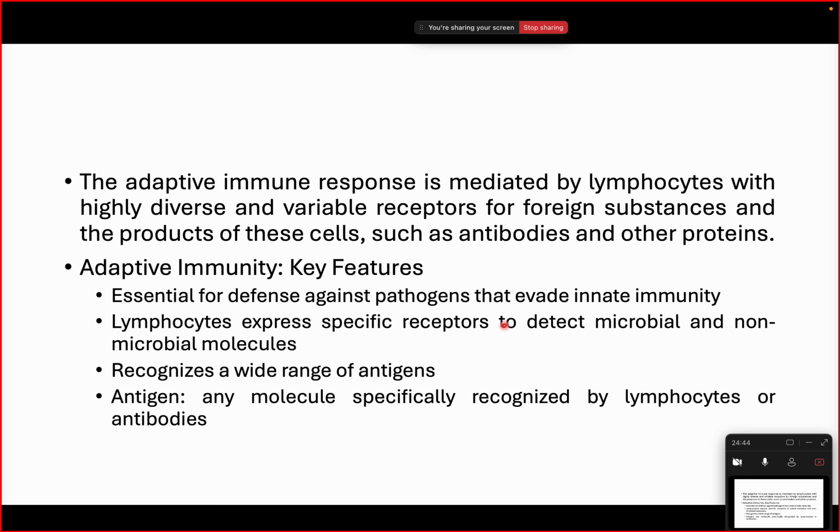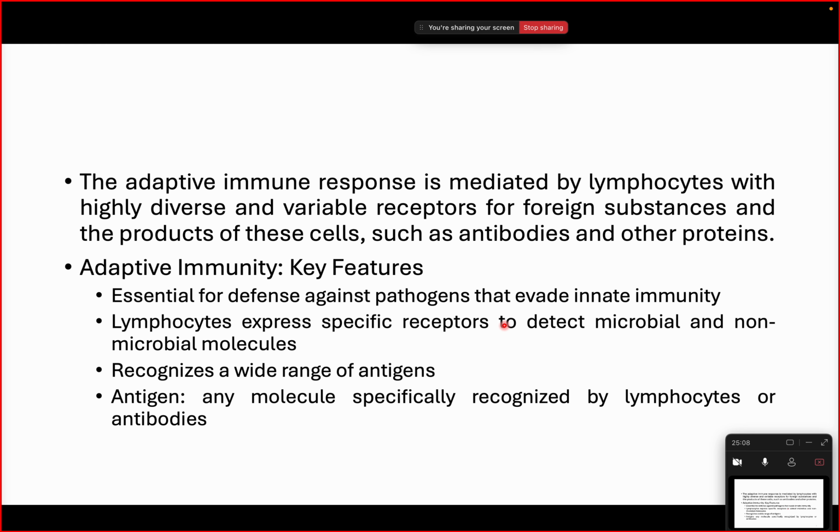As mentioned multiple times during the lectures, adaptive immunity cannot identify the pathogen or the PAMPs on its own. It can only see a pathogen when it is told by the innate immunity.